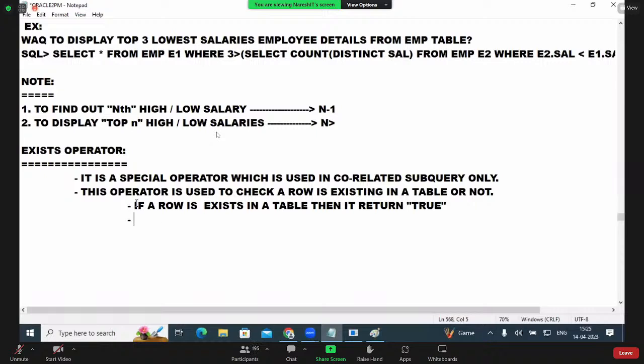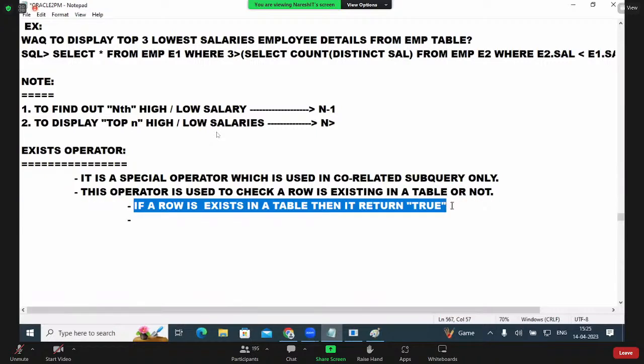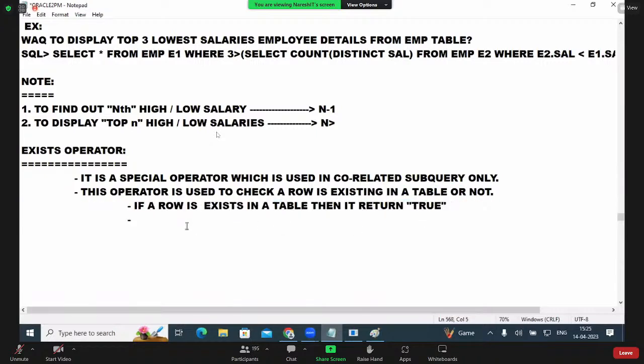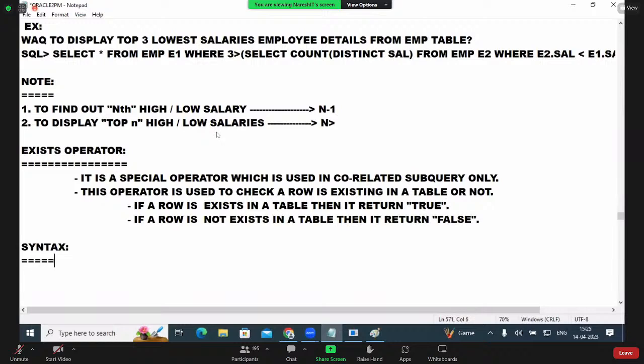If a row does not exist in a table, then it returns false. Then what is the syntax of this? The syntax is WHERE EXISTS of, and you write your inner query.